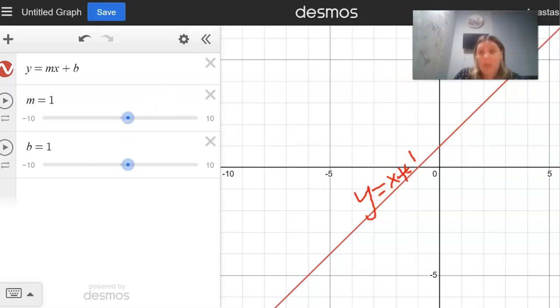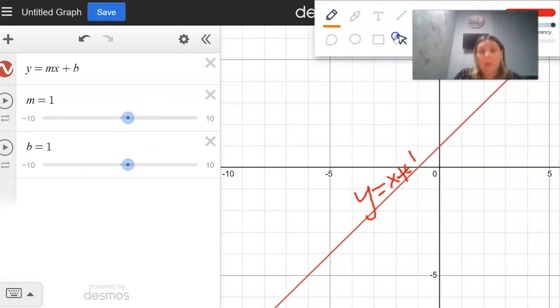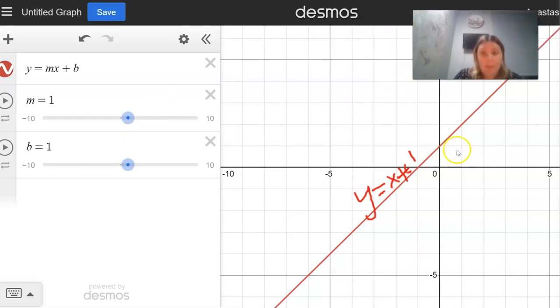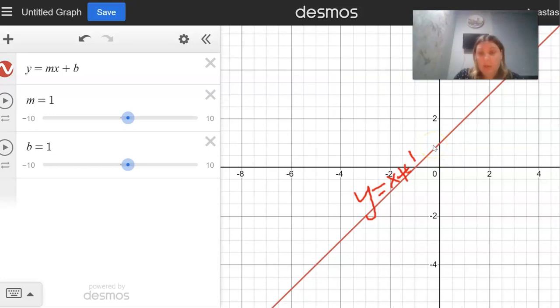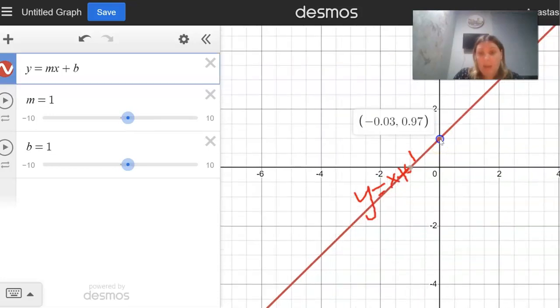But we can change the slider. So first I am going to go ahead and move my b. So right now it crosses my y-axis at the point 1. Now, of course, when it crosses at the point 1, what do I mean by this? I mean its y-coordinate is 1, or b in this case, right? The x-coordinate for all points that lie on the y-axis is, of course, 0.